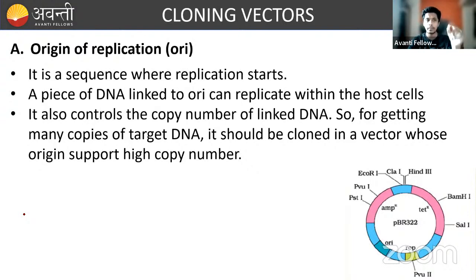Now, why are we specifically talking about origin of replication? Every plasmid DNA, before being engineered, will have the ORI site. For example, this is your plasmid DNA before your engineering process, and here is your ORI region.